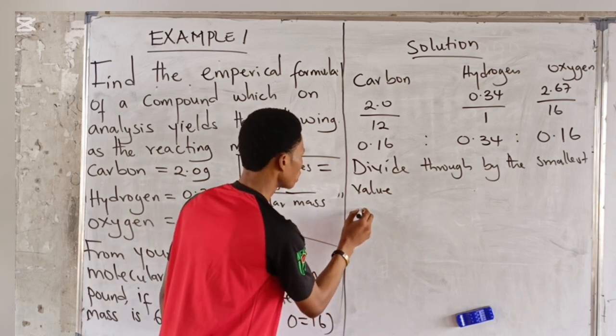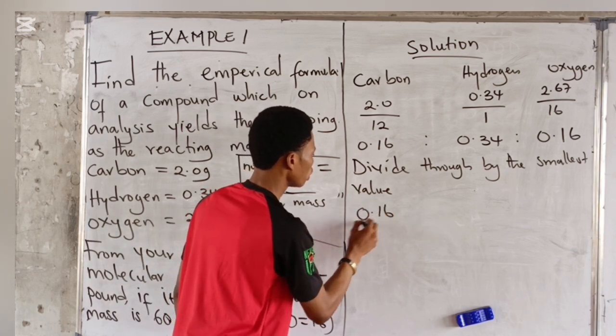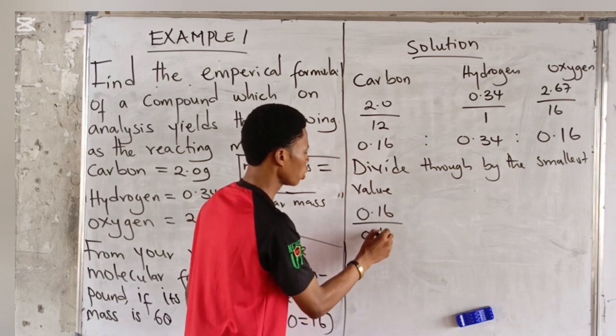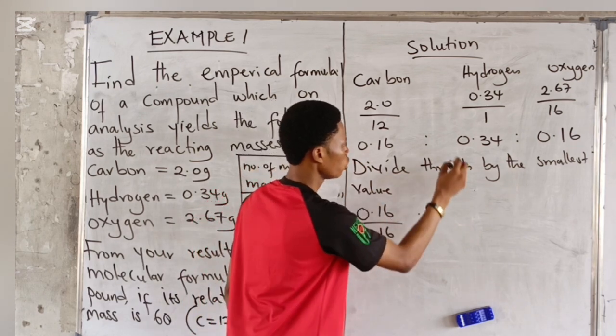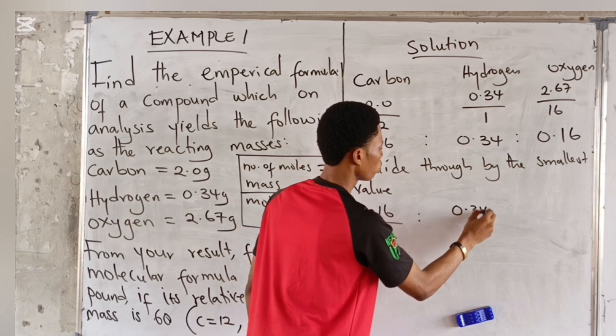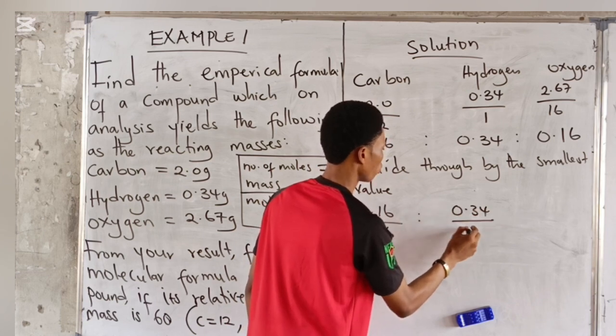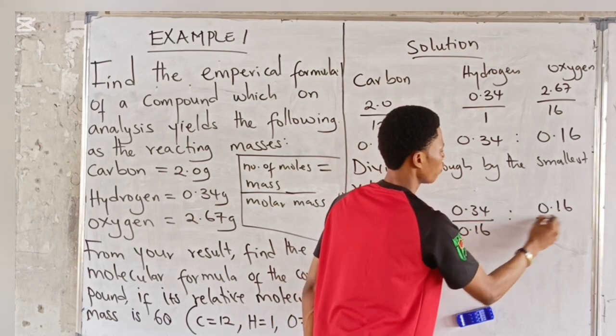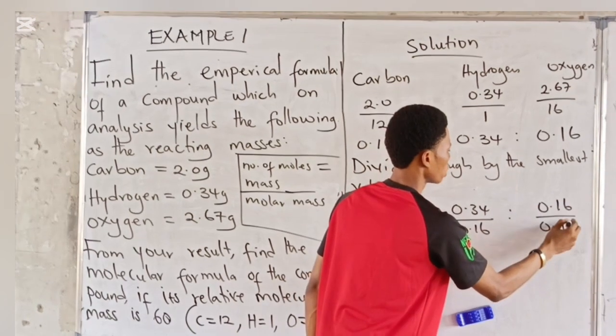So what we'll be doing here is dividing throughout by 0.16 because that's the smallest value. 0.16 divided by 0.16 is to 0.34 divided by 0.16 is to 0.16 divided by 0.16.